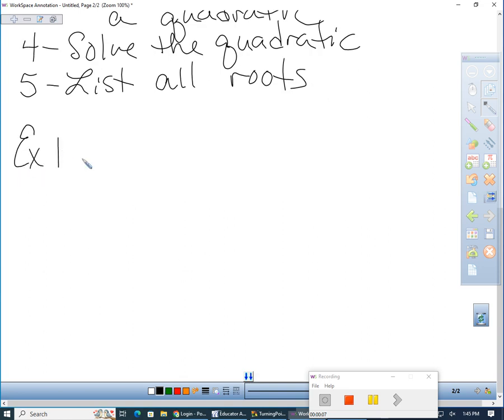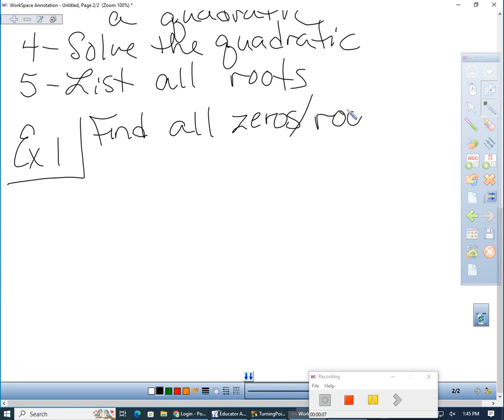Example number 1, find all zeros or roots. They mean exactly the same thing. So whether the question says find all zeros or whether the question says find all roots, it means the same thing.